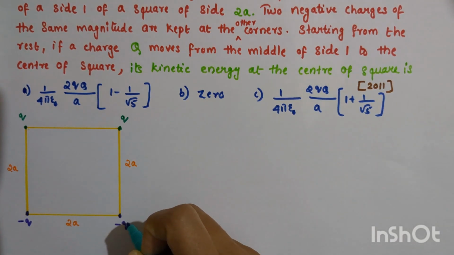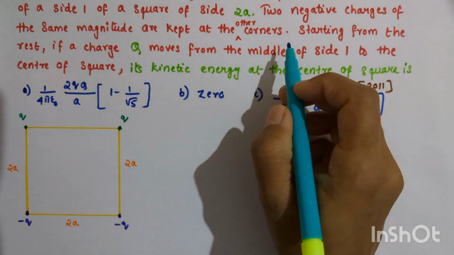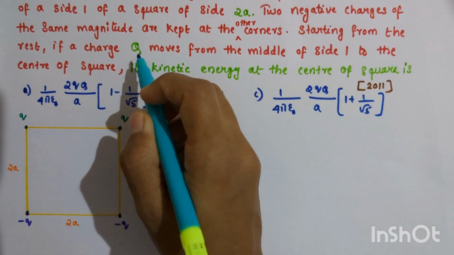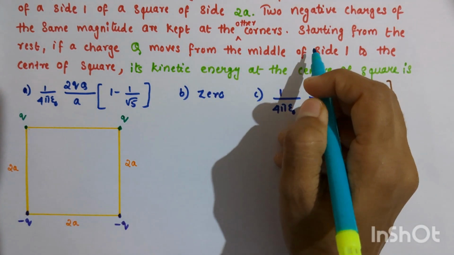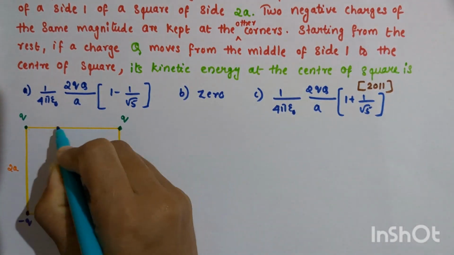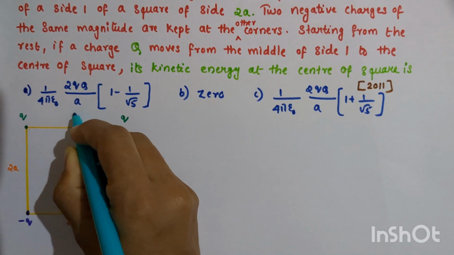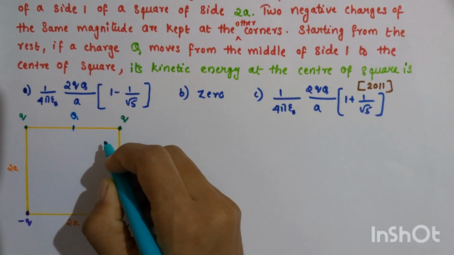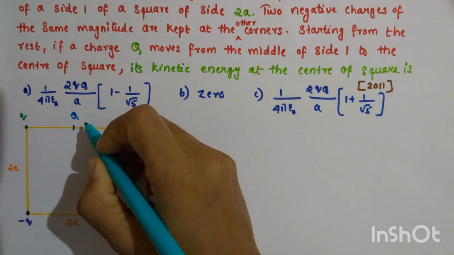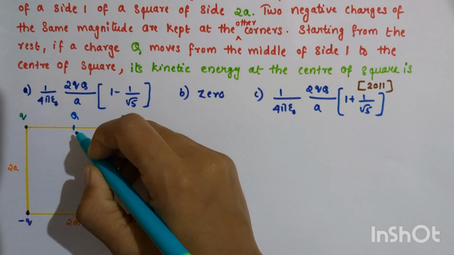Now, starting from rest, a charge Q moves from the middle of side 1 to the center of the square. This is side 1. Suppose there is a charge capital Q at rest. Now this charge is moving from this point to the center of the square.